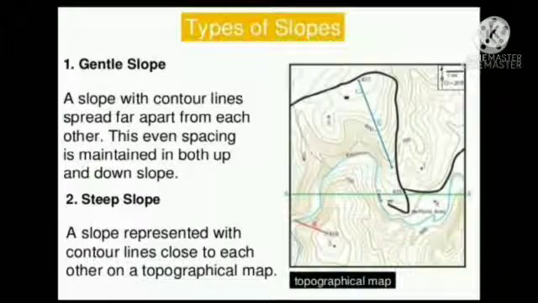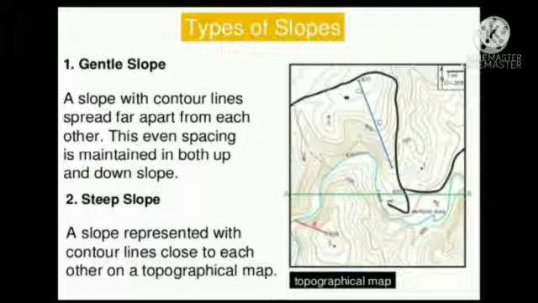Types of slopes. Types of slope are gentle slope, steep slope, convex slope and concave slope. Now let us discuss about gentle slope. A slope with contour lines spread far apart from each other.